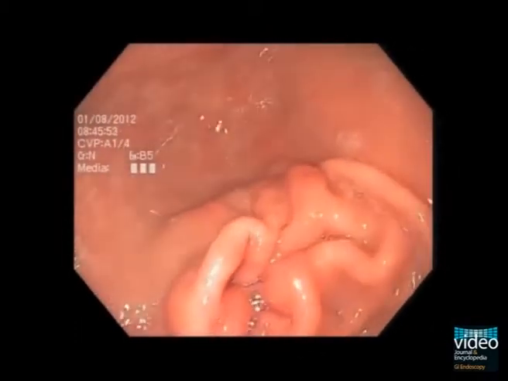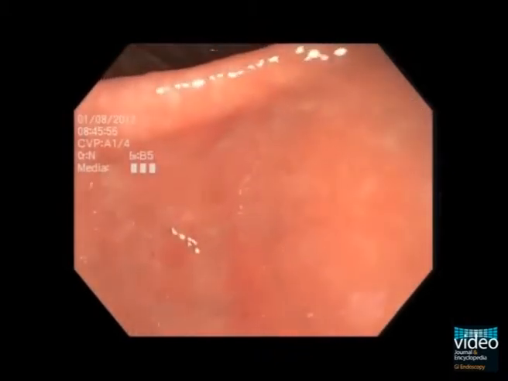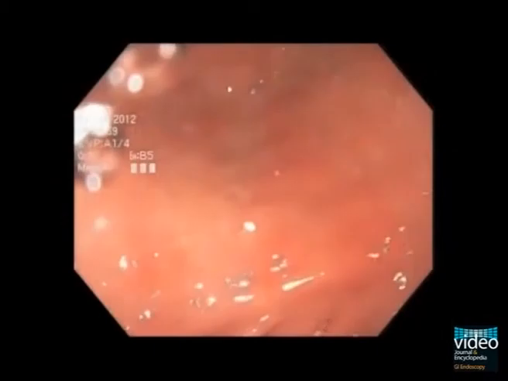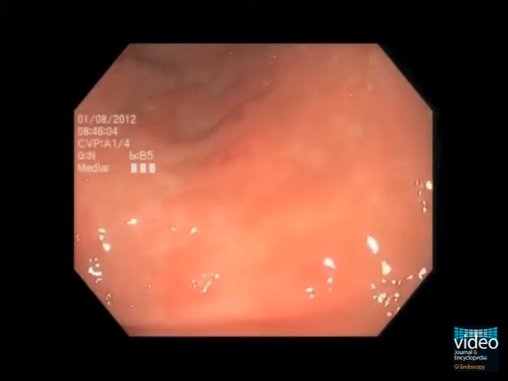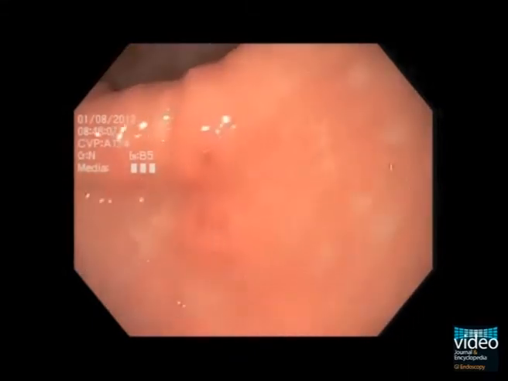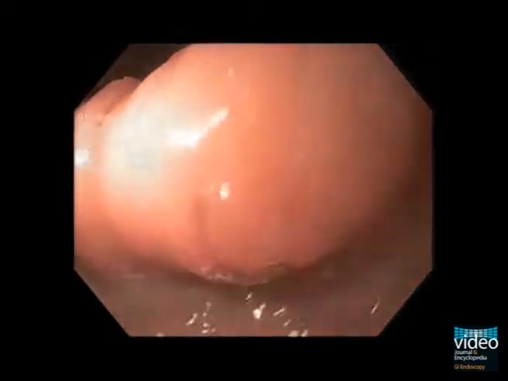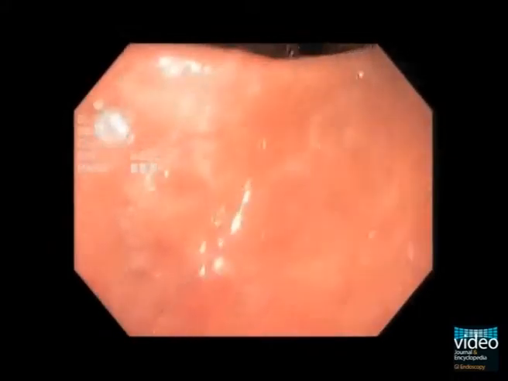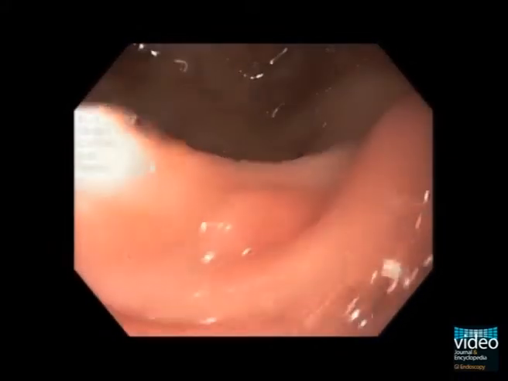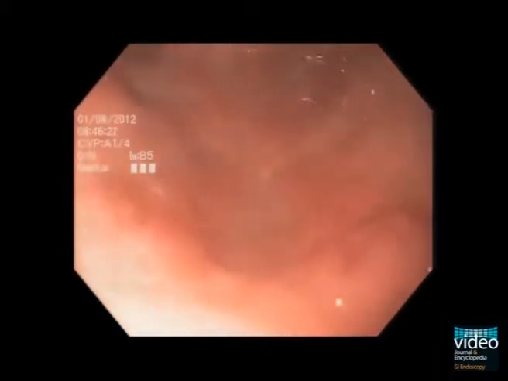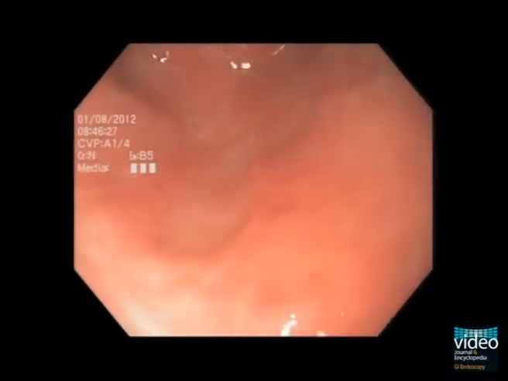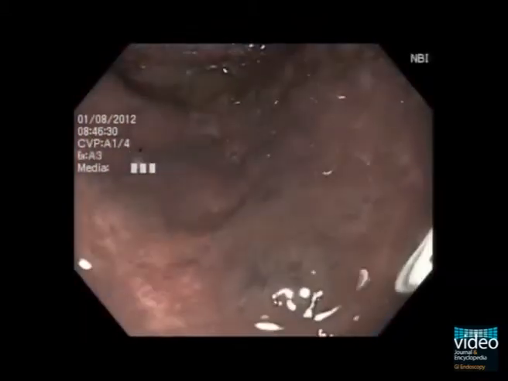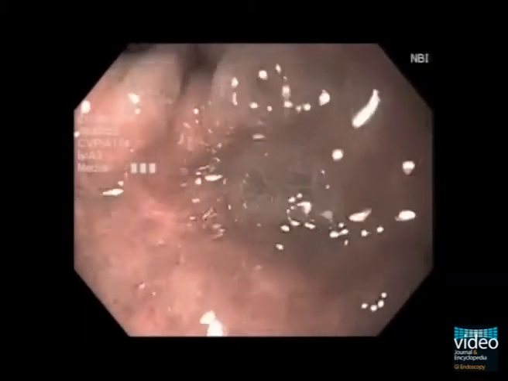In this patient, subtle focal lesions are seen at the antrum and incisura. Under narrowband imaging, the characteristics of the lesion are accentuated.